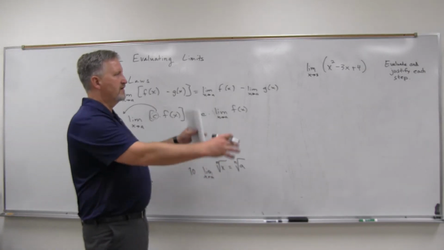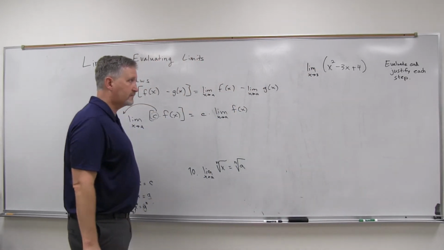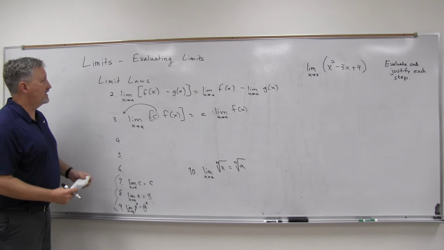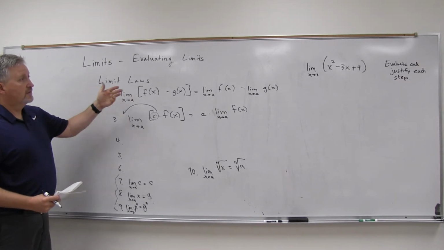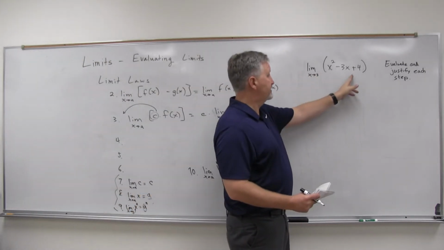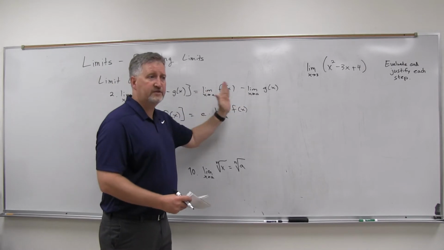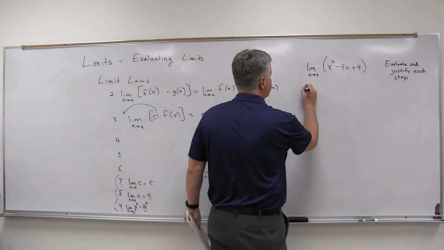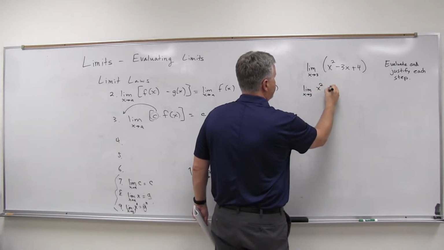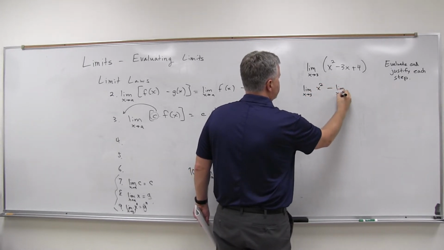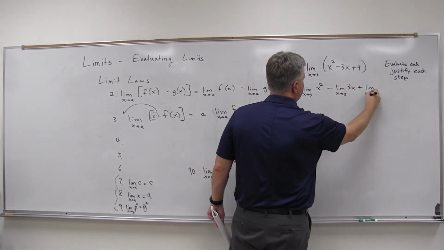Okay, so if I'm going to use these laws for this problem, the first thing I can do, right, is by number 1 and 2, what can I do? Well, don't you see I've got subtraction and addition, so by limit law 1 and 2, I can split that up into individual limits. I can do this into the limit as x approaches 3 of x squared, minus the limit as x approaches 3 of 3x, plus the limit as x approaches 3 of 4.